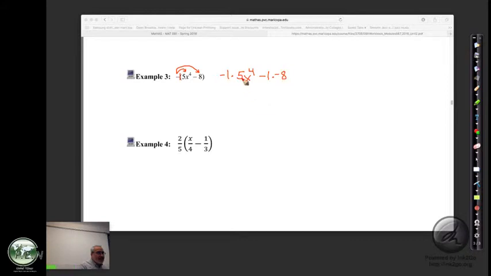So a negative times a positive gives us a negative 5x to the 4th, and a negative times a negative gives positive 8. So notice how it just really changed the sign. The positive became negative, the negative became positive. Okay. But that's one of the ones that, for some people, is going to get you again and again. But just that negative sign has to distribute. So far, so good.